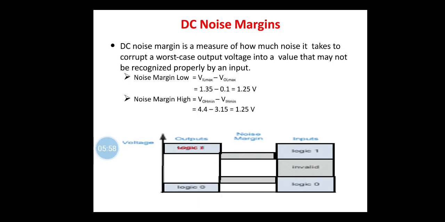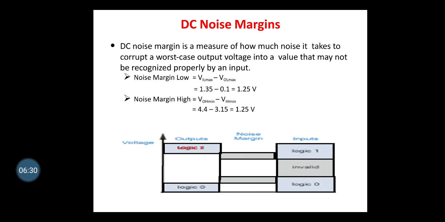Now next is DC noise margin. It is a very important factor. DC noise margin is the measure of how much noise it takes to corrupt a worst case output voltage into a value that may not be recognized properly by an input, because noise plays a very important role in your digital circuit. So noise should always be avoided, otherwise it will corrupt the output.